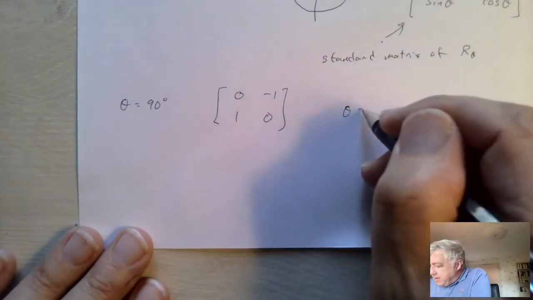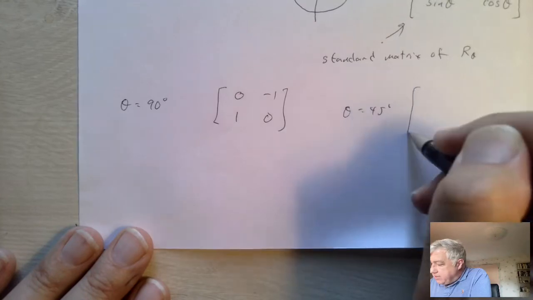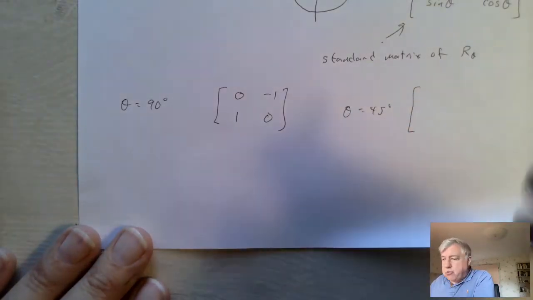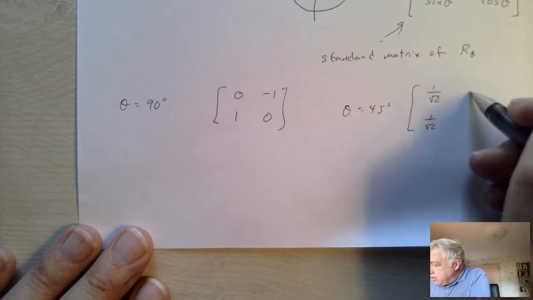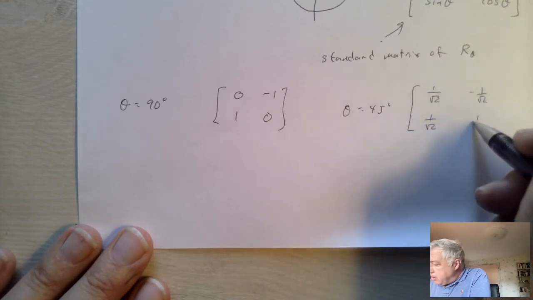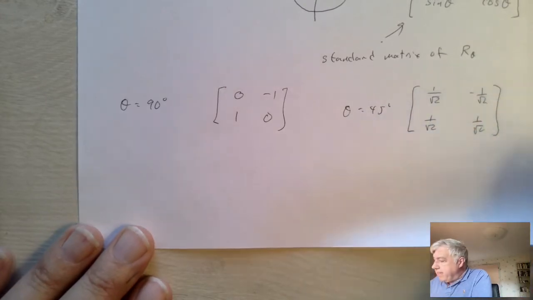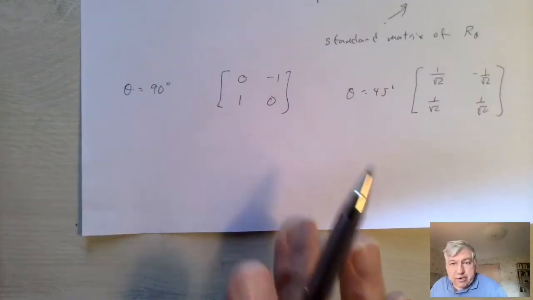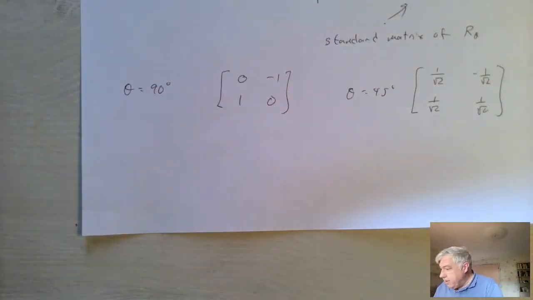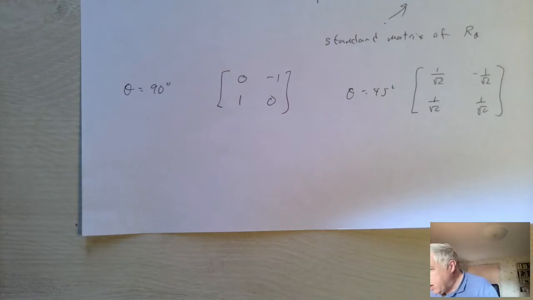If theta is 45 degrees, the sine and cosine are both equal to 1 over square root 2. Here it's really just knowing your trig values. Okay, so those are rotations.